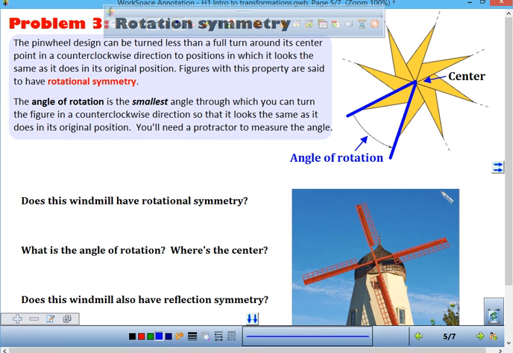You could turn something 90 degrees. I could turn something how far? 72 degrees. Up to 360 because a full circle all the way around is 360 degrees. So if I look at this star, how many points does that star have? 8.